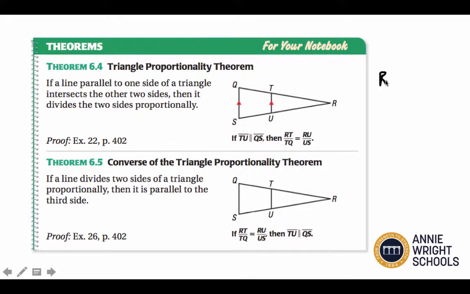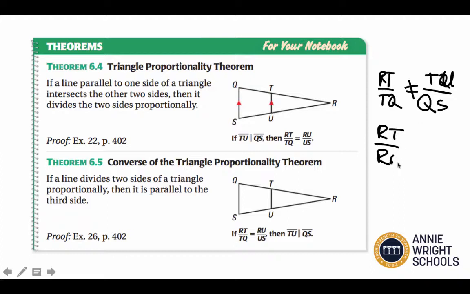So look at that: RT to TQ does not equal TU to QS. You could say that RT to RQ is the same as TU to QS. It has to deal with a whole side of a triangle to a whole side of a triangle, and then this whole side.